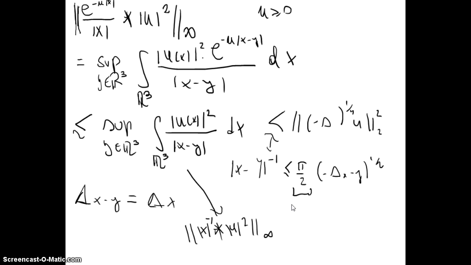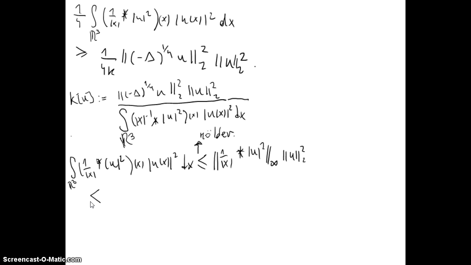We can see that the constant is going to be pi over 2. We will use this bound from the first lemma, so this will be less than or equal to what we said in lemma 1. The constant is pi over 2, times the norm of minus Laplacian 1/4 u squared 2, times u squared norm 2.